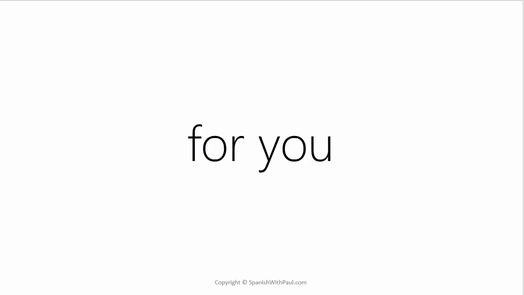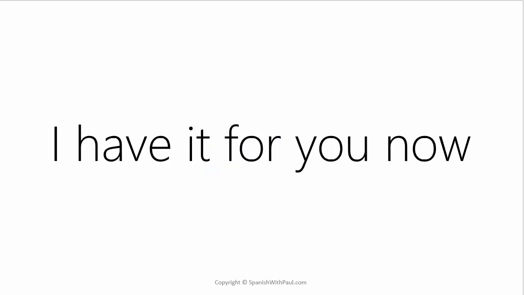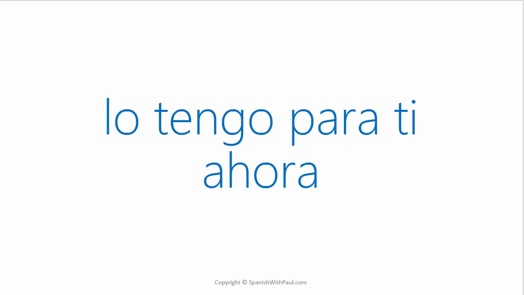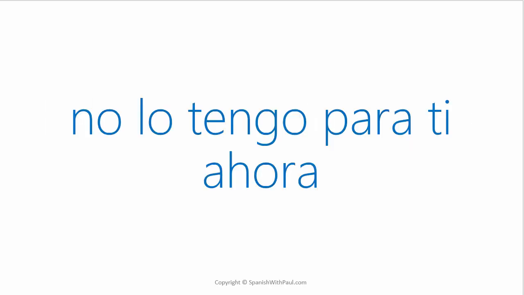To express for you in Spanish would be para ti. How would you say I have it for you now? Lo tengo para ti ahora. What about I don't have it for you now? No lo tengo para ti ahora.